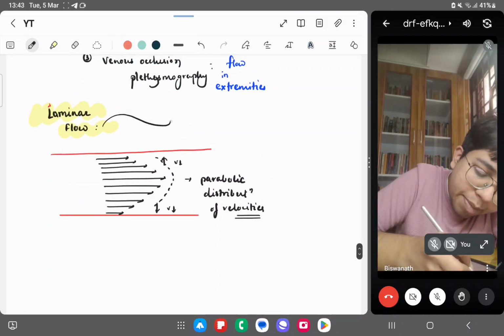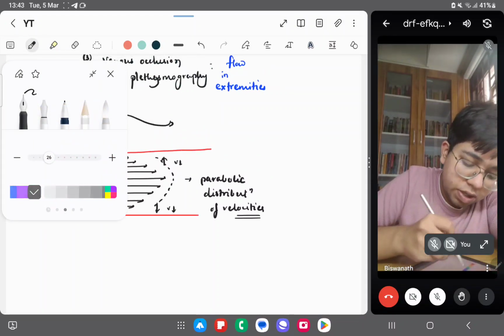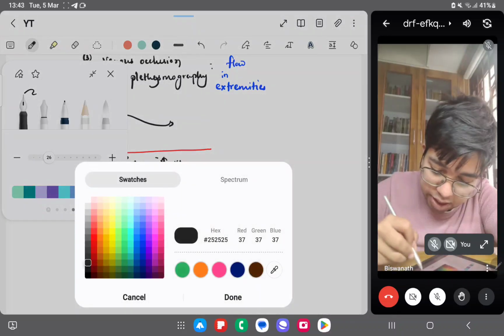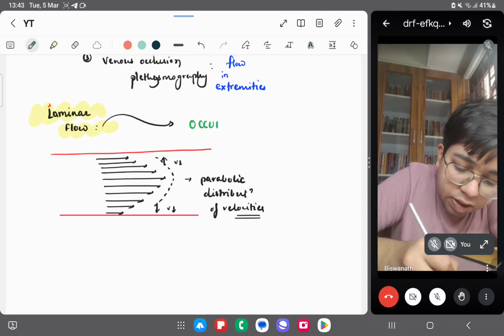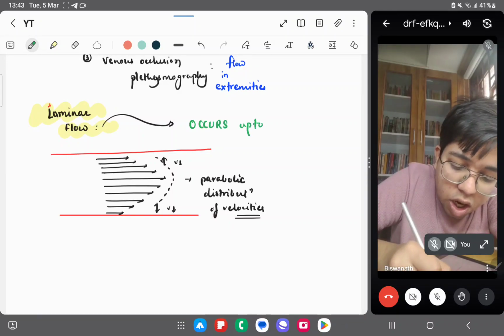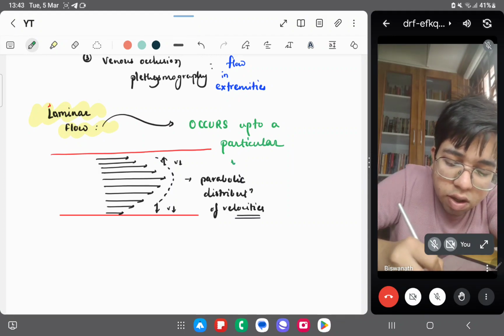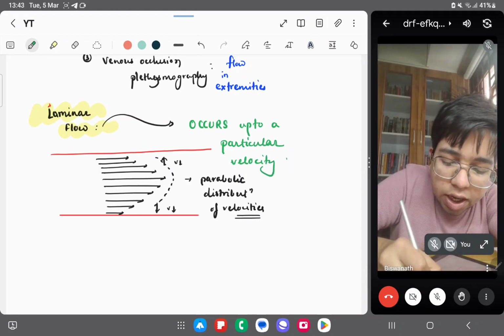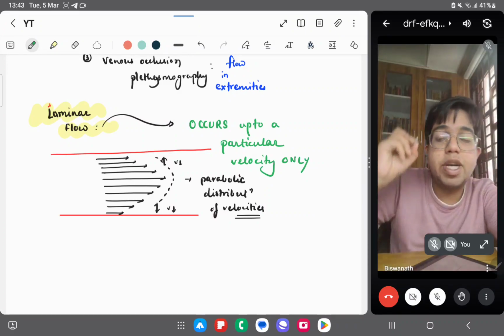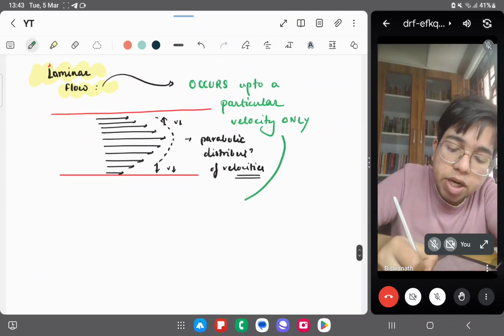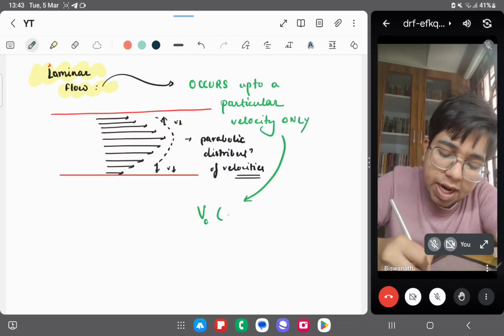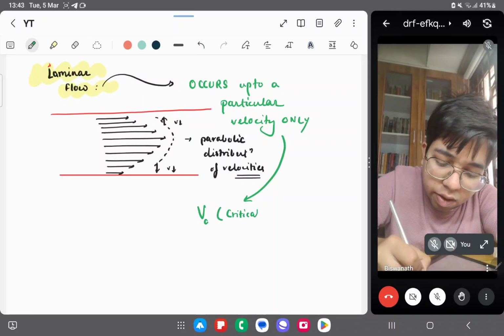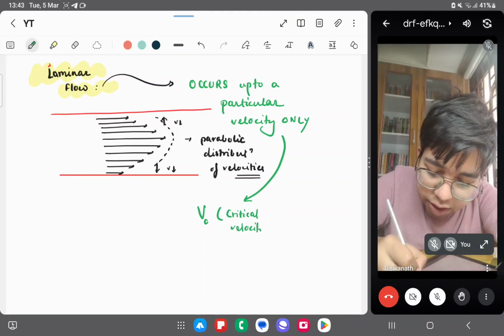Just note this very carefully. This laminar flow occurs up to a particular velocity only, and mark my words, this particular velocity is known as VC, not VO, VC, that is the critical velocity.